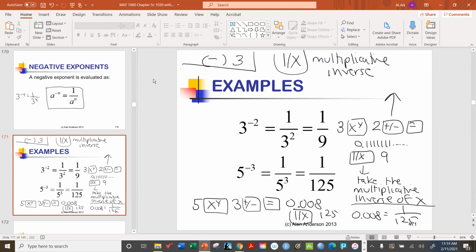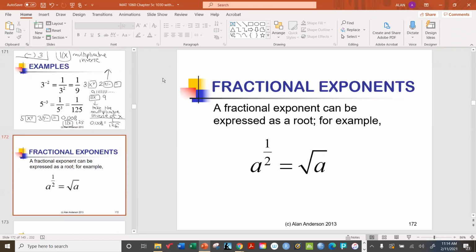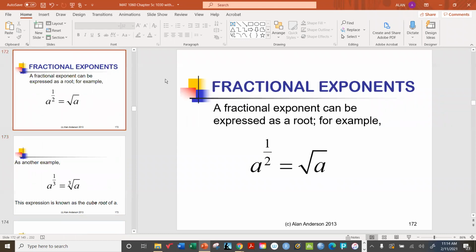For example, I mentioned earlier, last week or whatever it was, that the square root of x is nothing but x raised to the 1/2 power. So, well, there it is. So for any real number, if I raise it to the 1/2 power, this symbol is the same thing as saying raise this value to the 1/2 power.